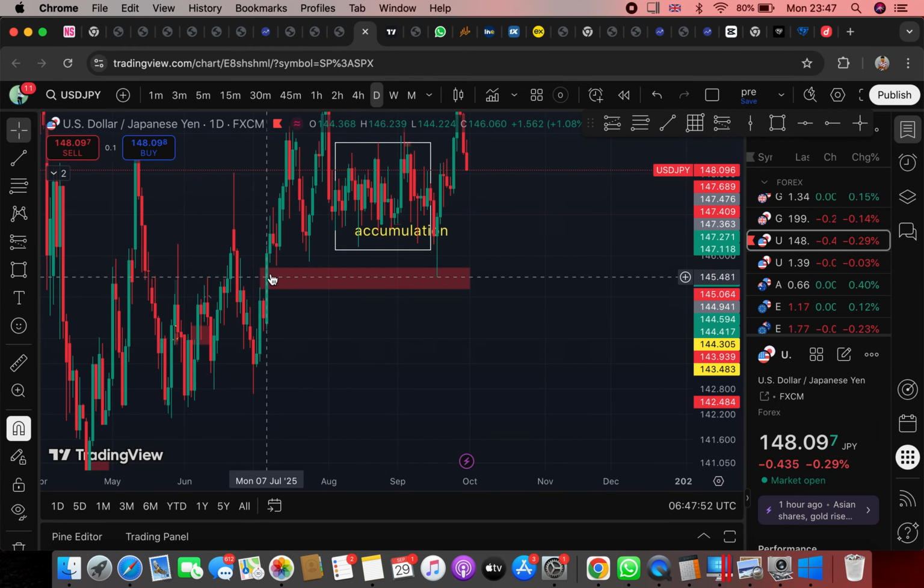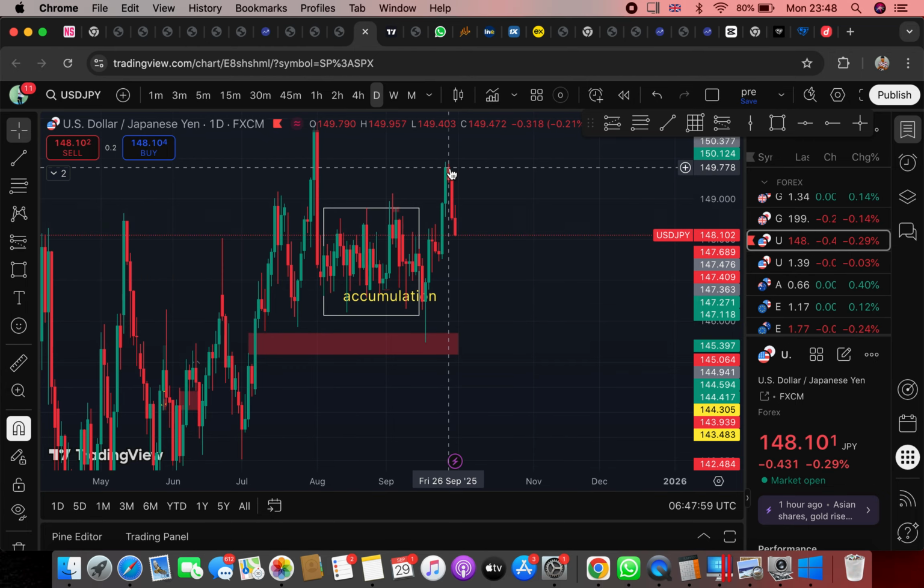If you can see from here, the market manipulated and came for this fair value gap here before it started distributing towards the upside. So I think with these two examples, we are good to go.